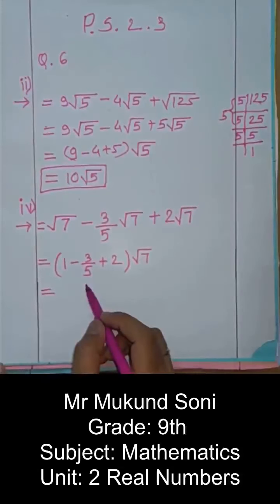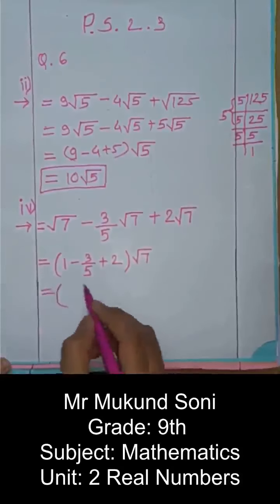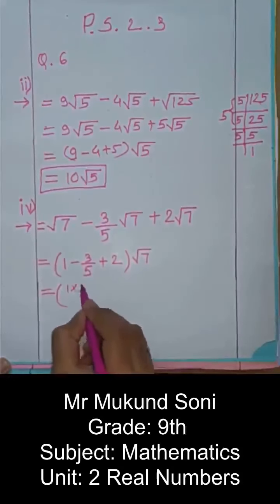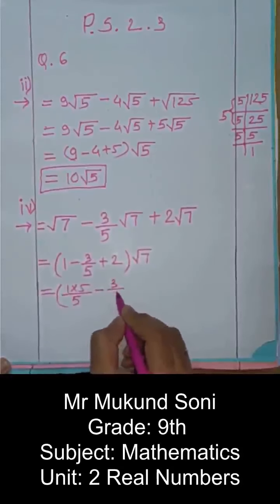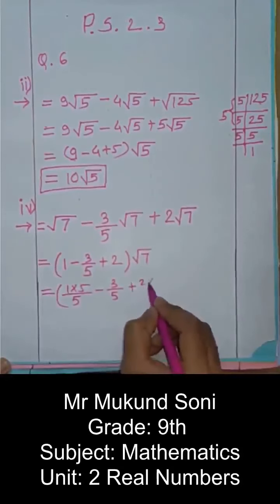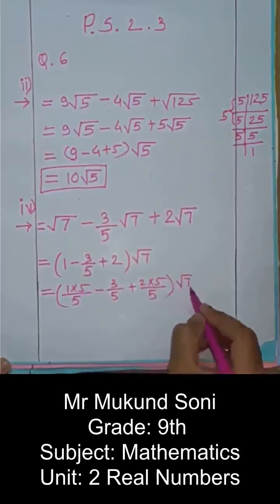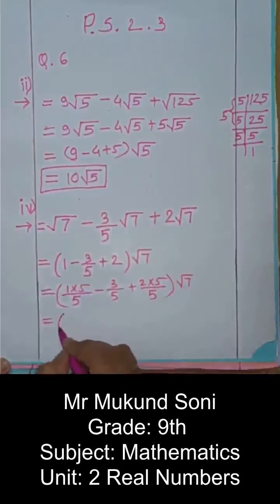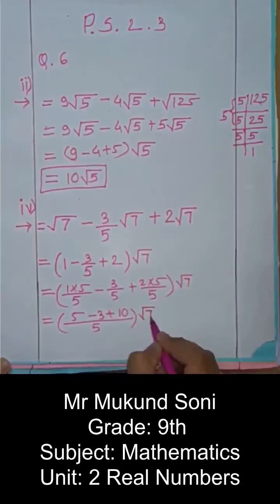Now, I hope you know how to solve rational numbers using the cross multiplication method, or you can use the LCM method. I am going with the LCM method. 1 minus 3 by 5 plus 2, which is equal to 5 minus 3 plus 10, whole divided by 5, times root 7.